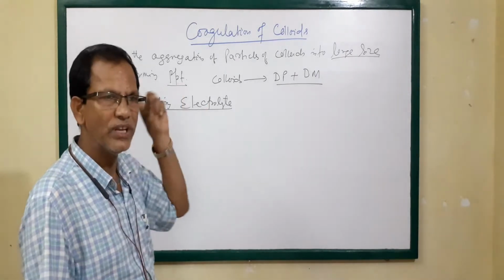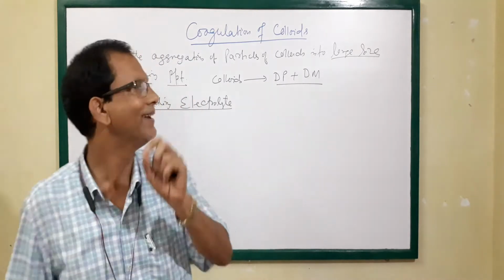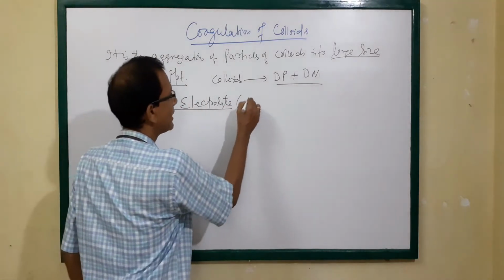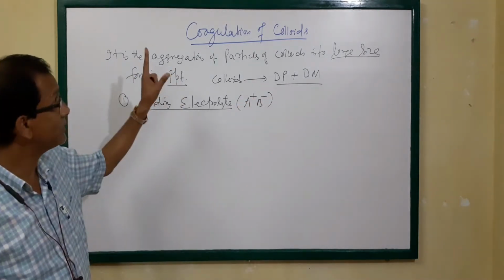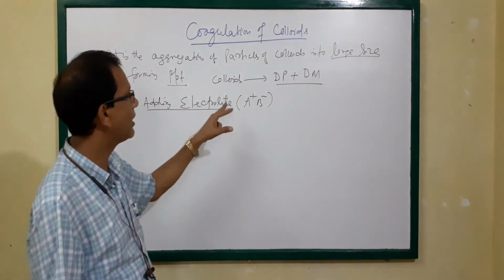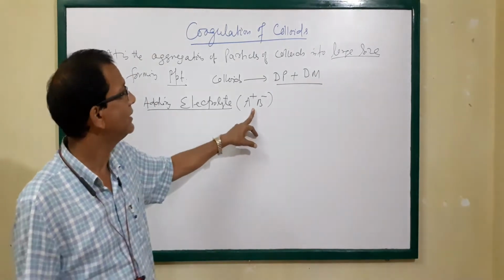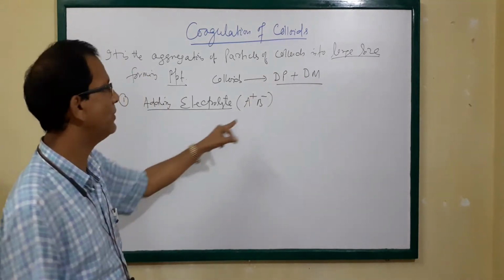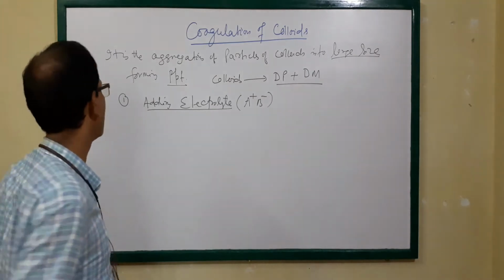Already you know each colloid carries a charge, either positive or negative. Every electrolyte has cations and anions. If the colloids carry either positive or negative charge, then these opposite charge ions will neutralize the charge of the colloids so that it will be precipitated. First one is adding electrolytes.